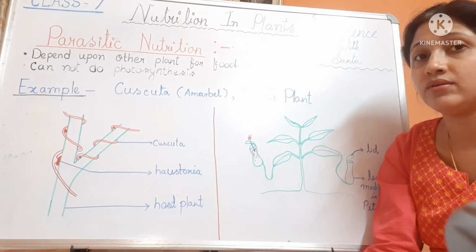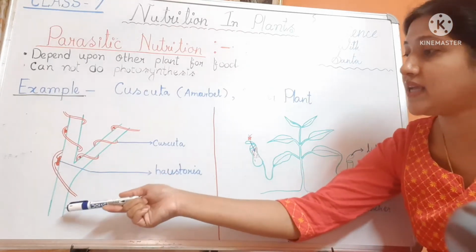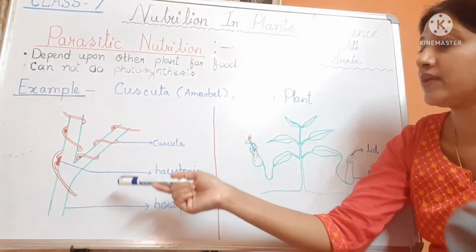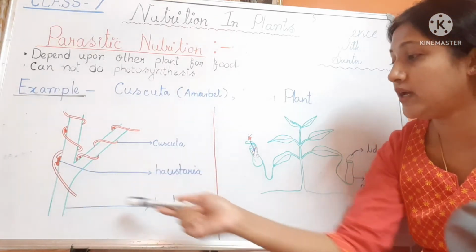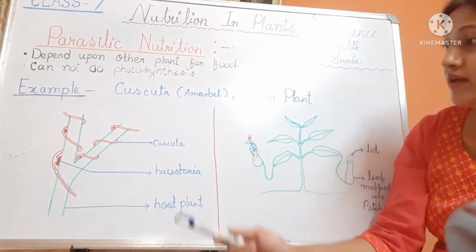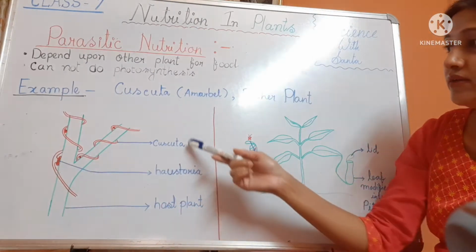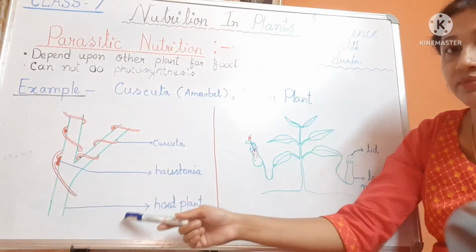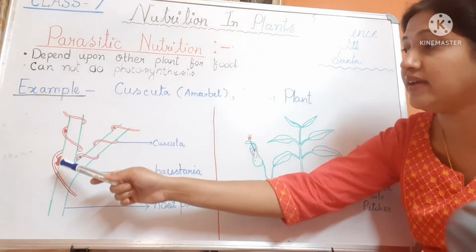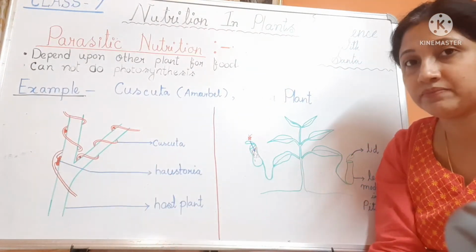These are like pipes through which it draws the nutrition from the host plant. So this is the picture of how the Cuscuta climbs up the tree and takes food from the host plant.